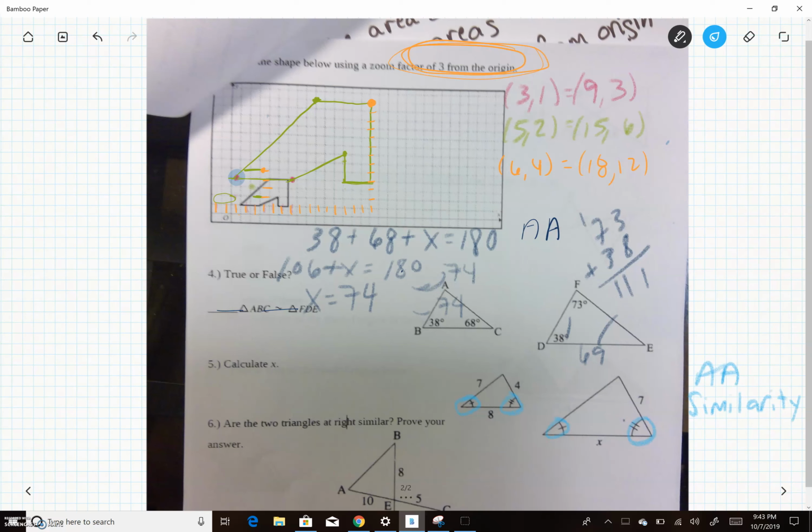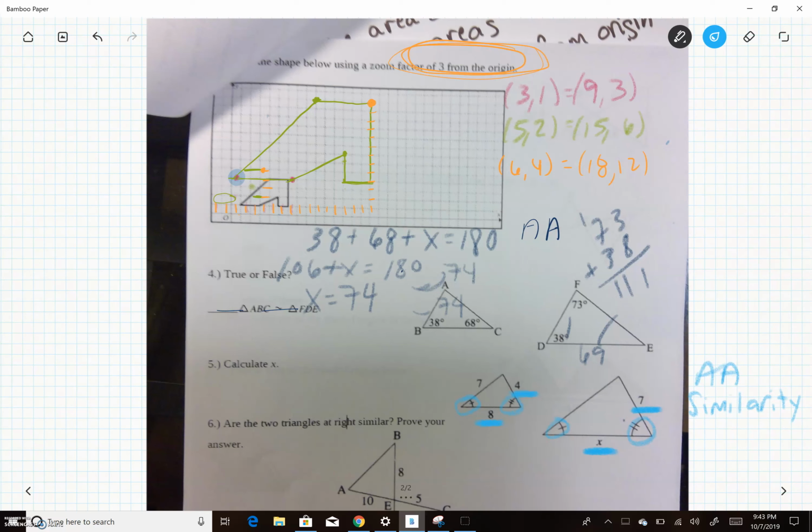What that means is that there should be a scale factor for each side from one triangle to the next triangle. So 8 times something should give me x, which means 4 times that same number would give me 7. You could think of this in a couple different ways.